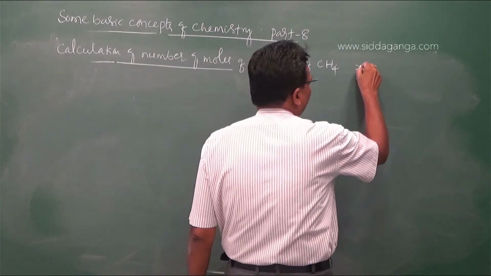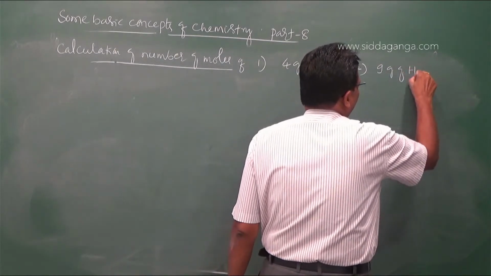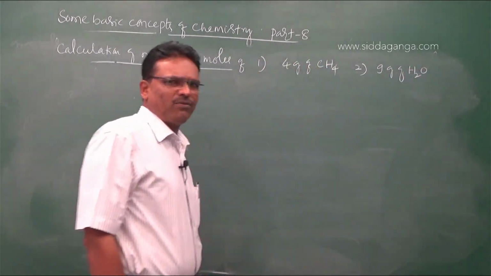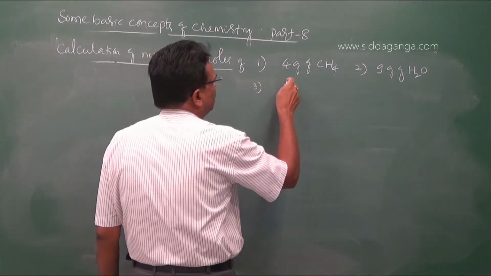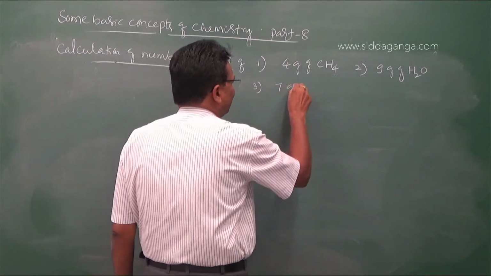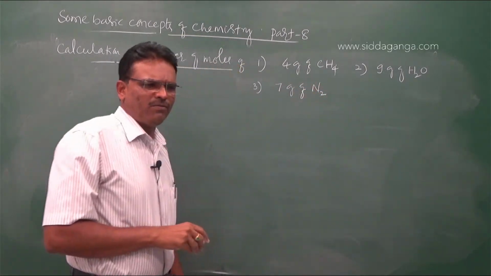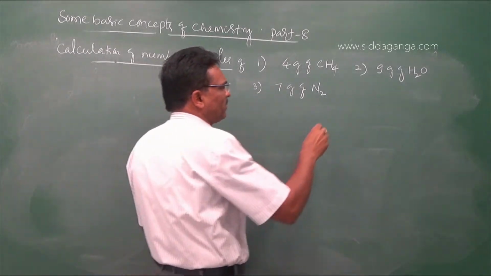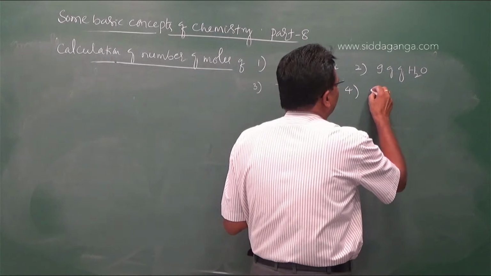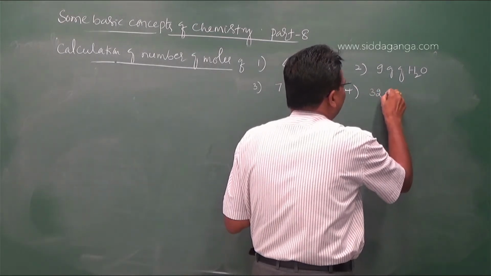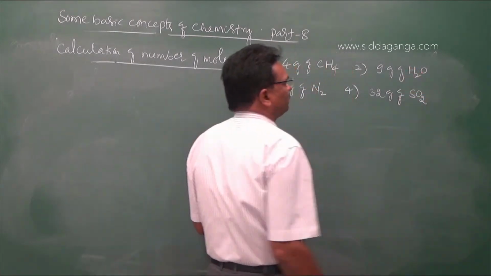Second, 9 gram of H2O. Third, 7 gram of nitrogen. Fourth, 32 gram of sulfur dioxide.